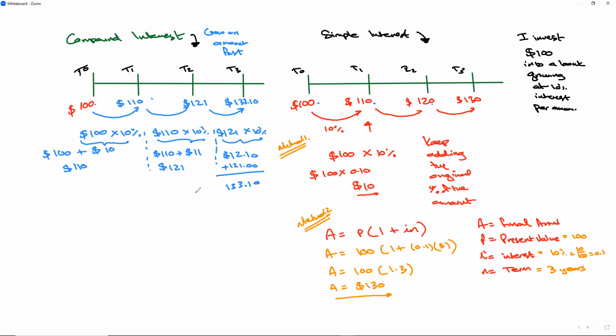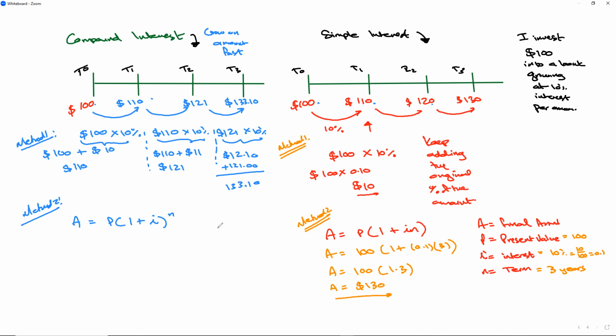And so compound interest also likewise will have its own formula. So this is method 1. And that can be time consuming because you have to calculate each amount. So there's a formula we use. A equals P(1 plus I) to the power of n. And this is my compound interest formula.